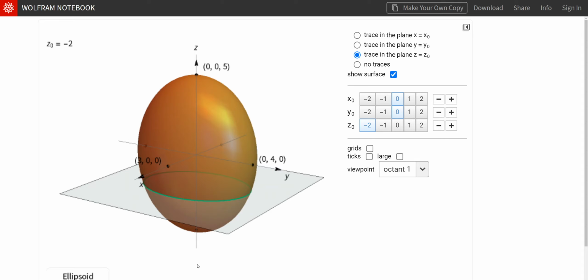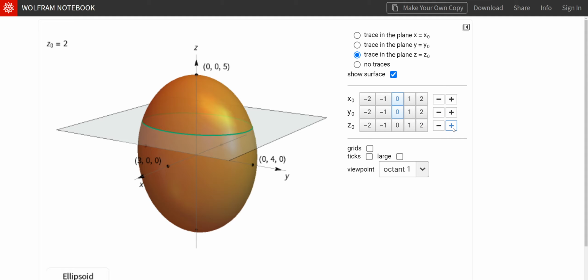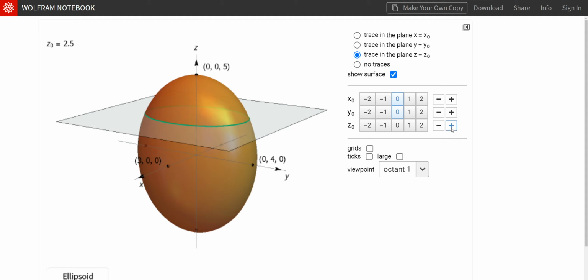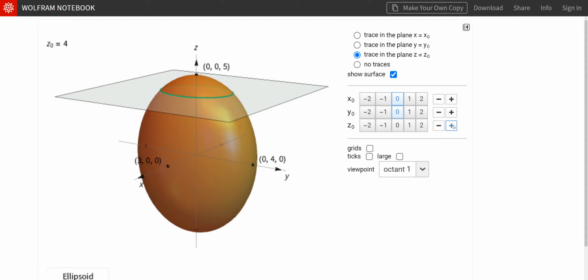And if I kept setting z to bigger and negative values, I'll keep getting ellipses like this. Eventually I'll get down to just a point, and then I won't have an intersection at all. So that's also possible, no intersection. I could set z equal to positive quantities, 1 or 2, and you can see the plane moving up. I can keep moving up if I want, and I'll keep getting smaller and smaller ellipses until eventually these curves will vanish.